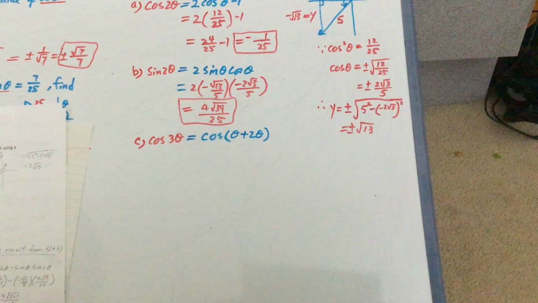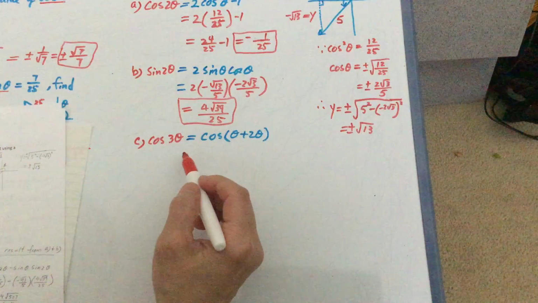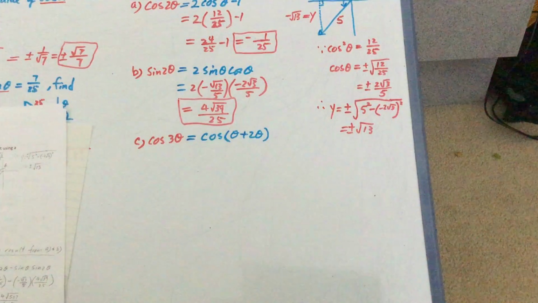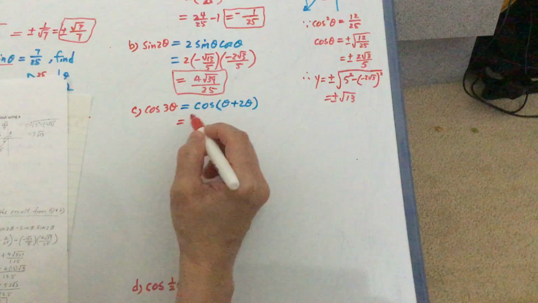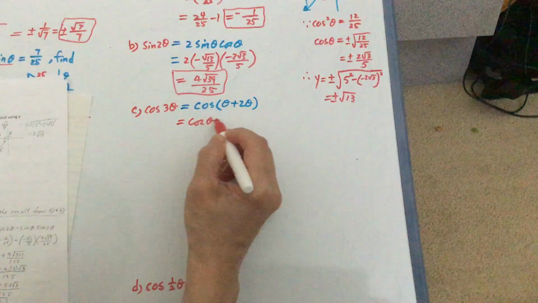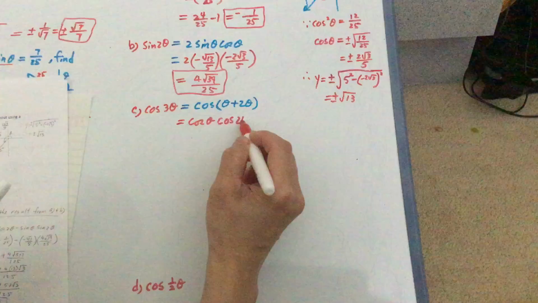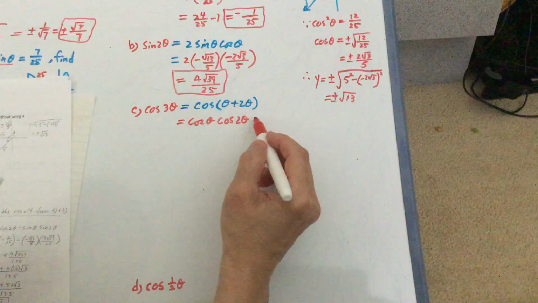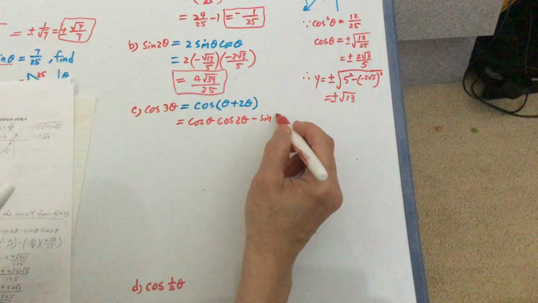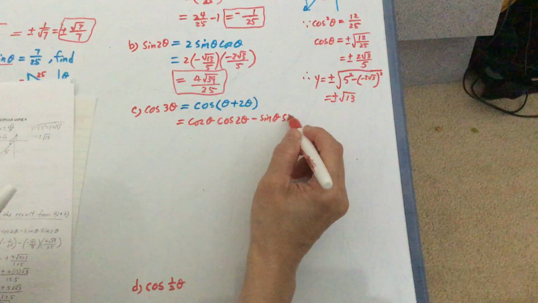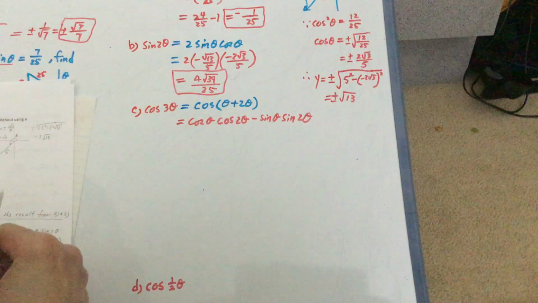Because this is a compound, I need to use the compound angles formula. This is going to give me cos A times cos B, and because this is a plus, it becomes a minus, and then I have sine A times sine B. So now you have a combination of both.